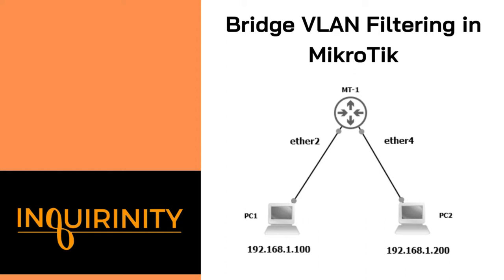PC number 1 is 192.168.1.100 and 192.168.1.200 for our PC number 2. However, we want our PCs to not communicate with one another. So we try to create a scenario wherein PC number 1 and PC number 2 are on different local area networks.